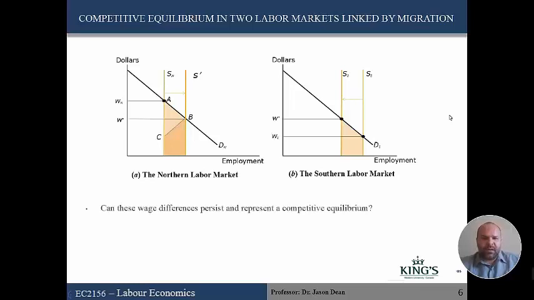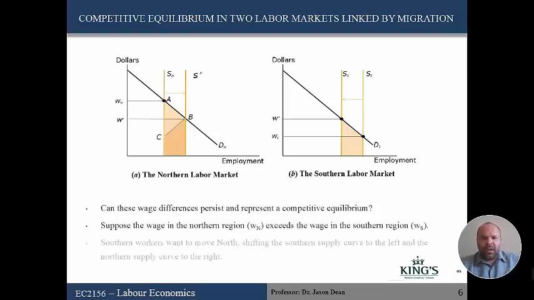Now the question is, will these wages persist in a competitive equilibrium? Well, the answer is no. If you think about it, given the assumptions that we're making, the workers can be fully mobile, and since the workers have the exact same skill, the southern workers would want to move to the northern labor market because the wages are higher.